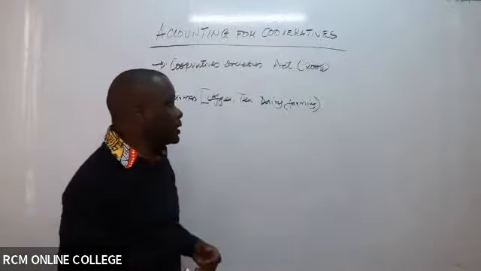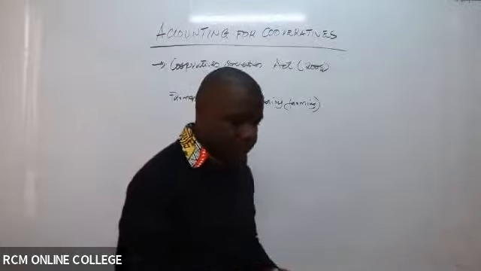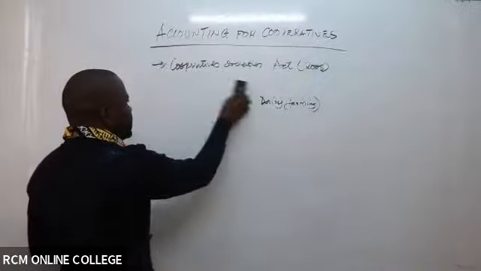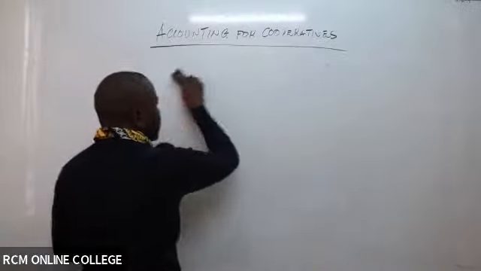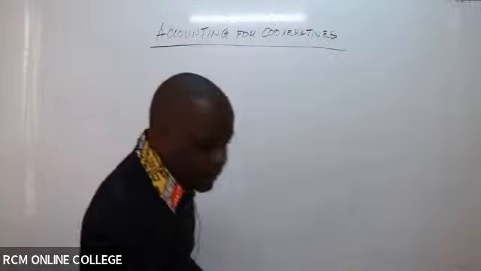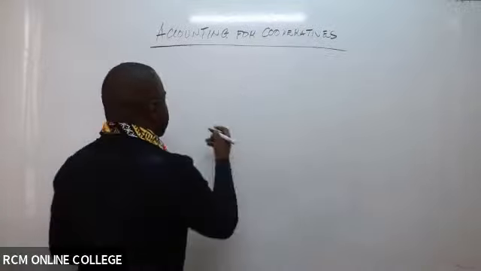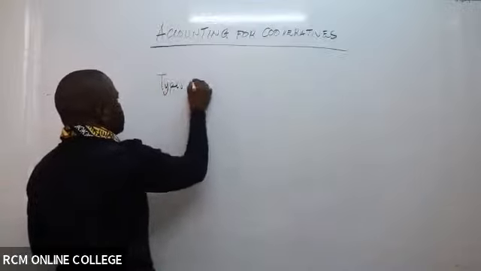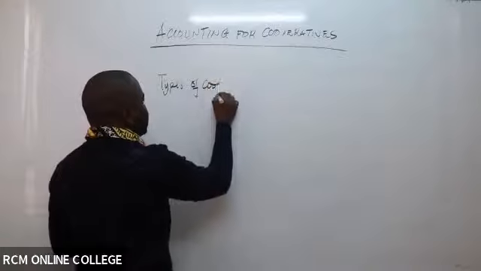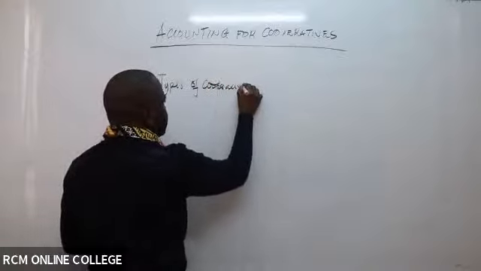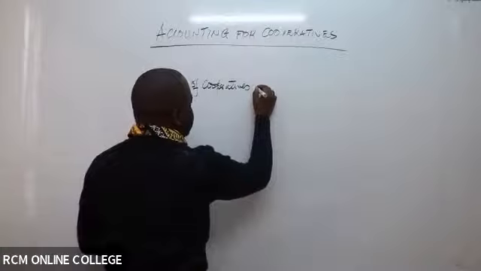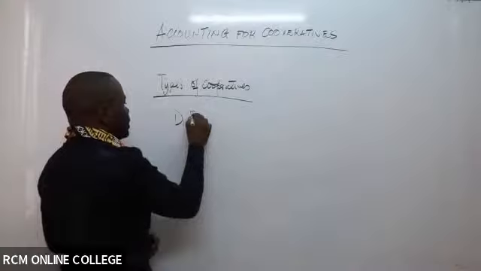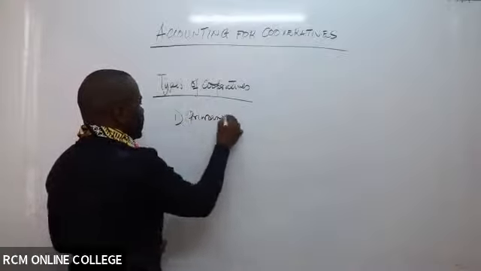Before we look at the accounts to be maintained, we have different types of cooperatives that can be formed. Some of the major types of cooperative societies are what we call primary societies.